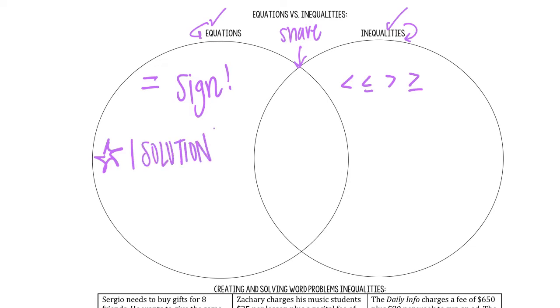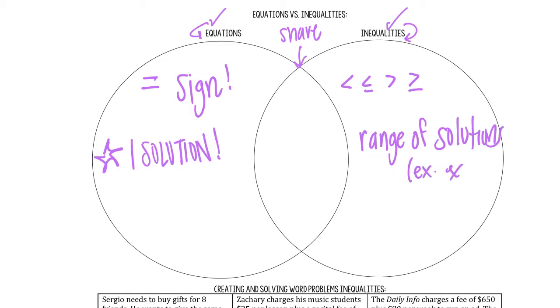If it's a normal equation, there's one solution. On the other hand, an inequality has a range of solutions. For example, x is greater than 7. That's telling us that x can be any number that's bigger than 7, not just equal to 7.